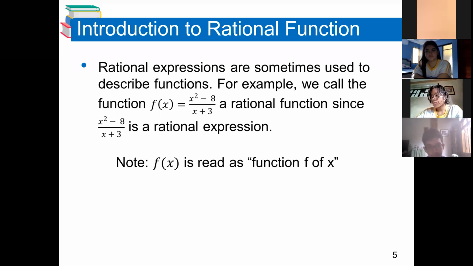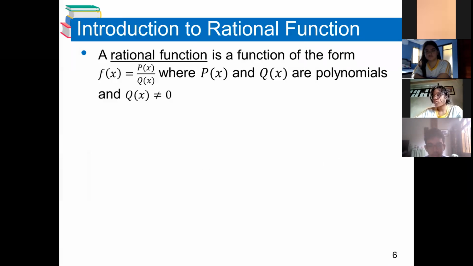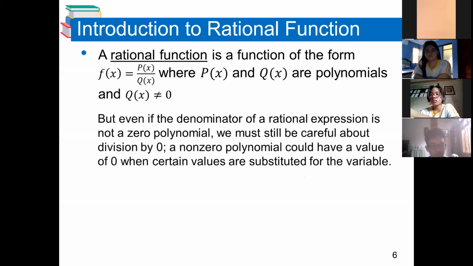Let's define further what is a rational function. A rational function is a fraction of two polynomials wherein the denominator is not a zero polynomial. Because if that denominator is a zero polynomial, then that is our restriction to the values of your domain.